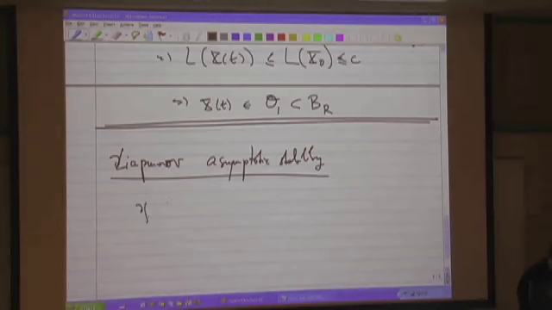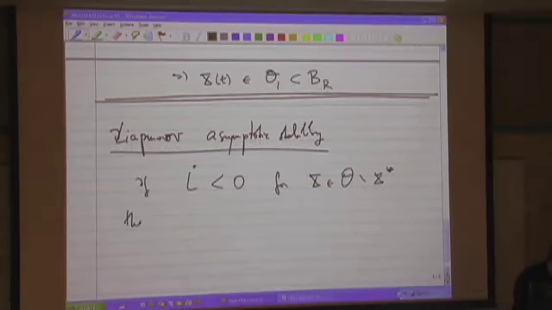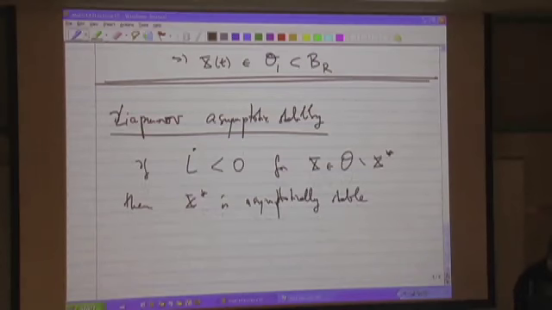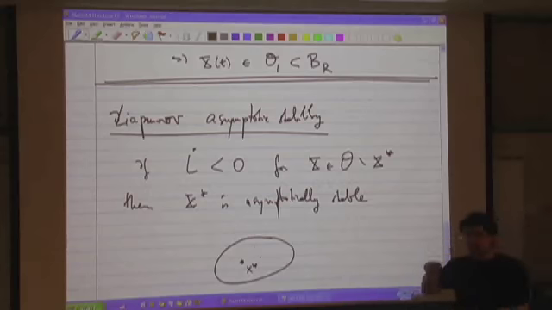It says that if this quantity is strictly less than 0 for any points in this neighborhood except the equilibrium point, then the equilibrium point is not only stable, it's asymptotically stable. So not only do you stay in the neighborhood, but you're actually going towards that equilibrium.